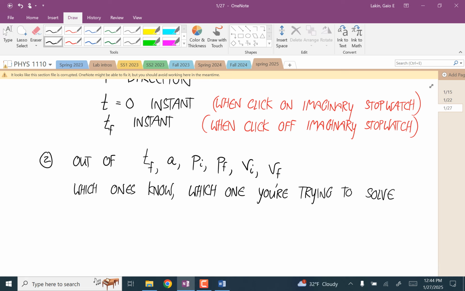Once you've done that, look for one of those 3 constant acceleration equations that, first of all, has the variable you're looking for. I mean, if you're trying to use an equation to solve for a variable, it has to be in the equation. So look for the constant acceleration equation that has the variable you want.